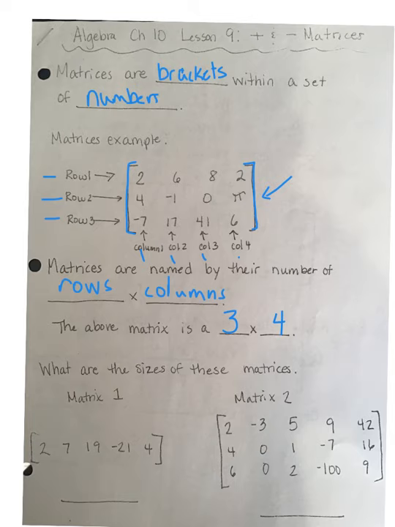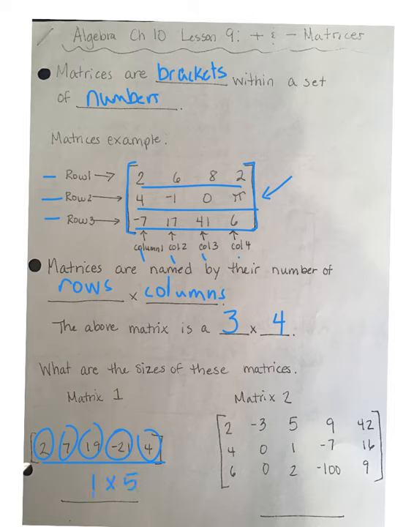matrix. If you were looking at the ones on the bottom, there is only 1 row, because you can only see just this 1 row here. Up here you saw 1 row, 2 rows, 3 rows, but here there's just 1 row, and then there's 1, 2, 3, 4, 5 columns. So this one would be a 1x5.